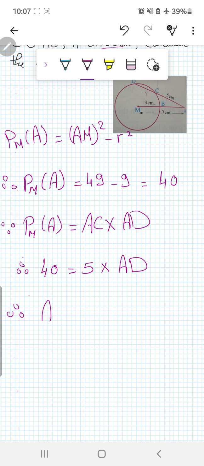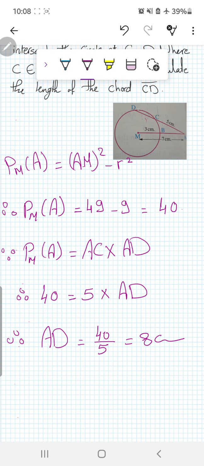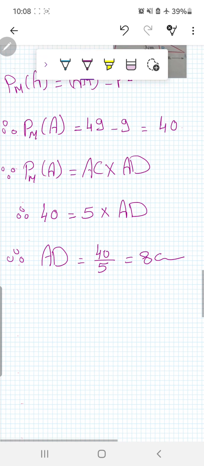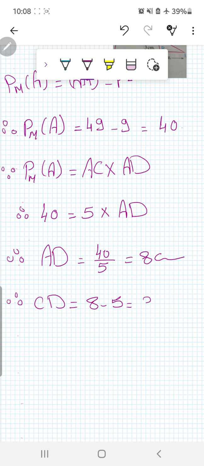So AG equals 40 divided by 5, which is 8 centimeters. In the example we want to get CG, so we make 8 minus 5. Therefore CG equals 3 centimeters.